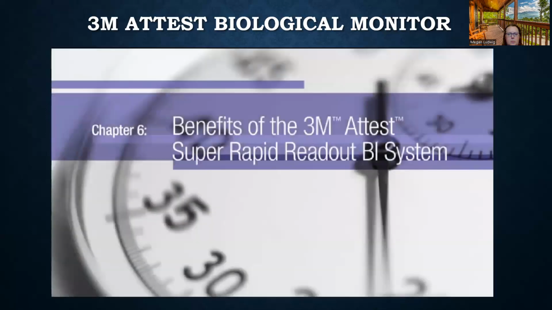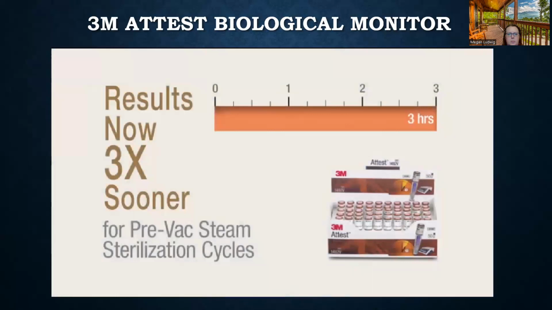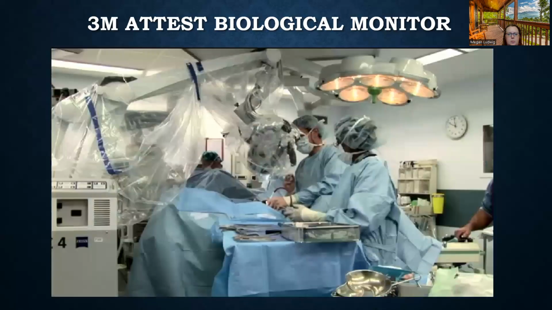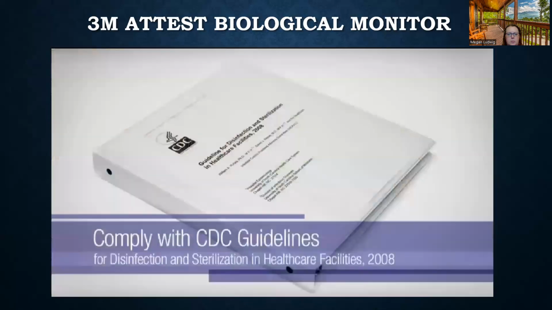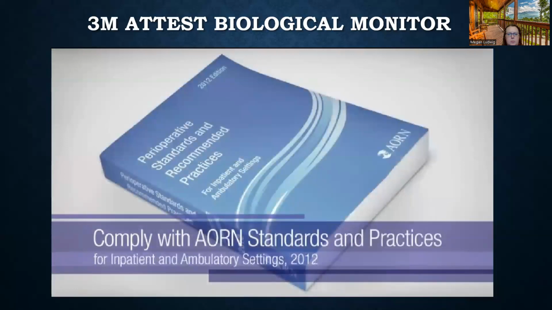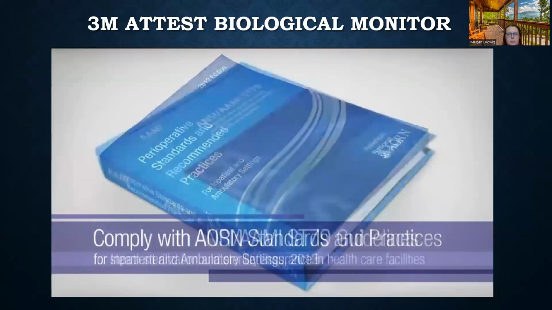The 3M A-Test Super Rapid Readout Biological Indicator System works fast, which can reduce the risk of emergency release of instruments and implants. This helps to keep you compliant with CDC, AORN, and AAMI guidelines.